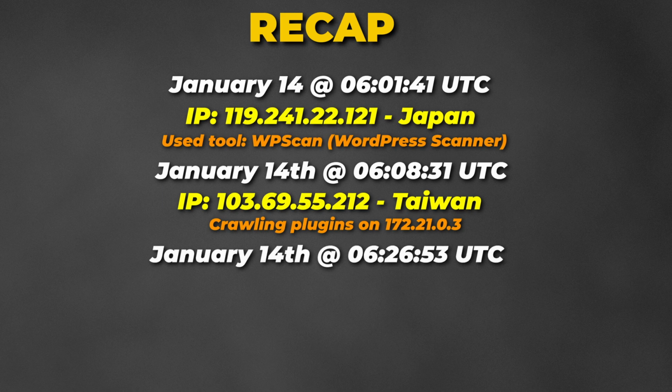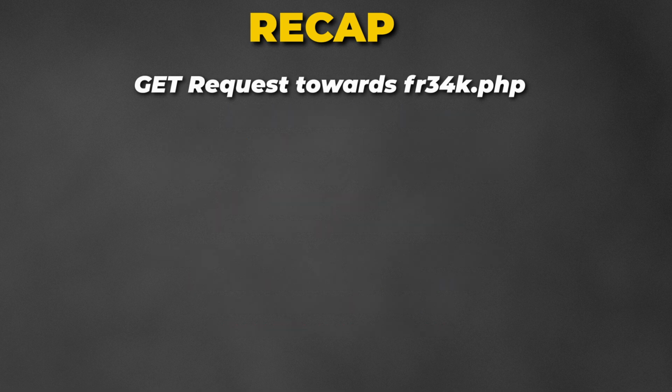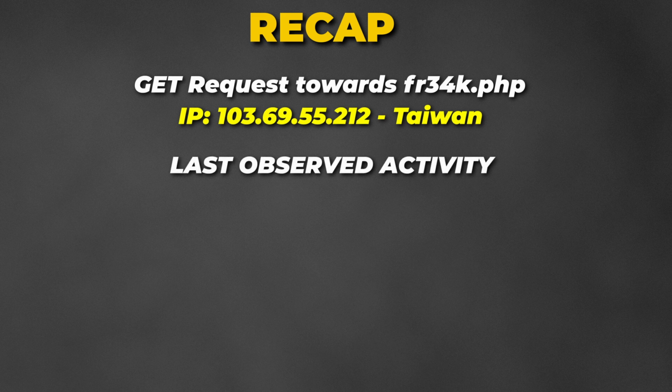At 6:26:53, the IP address of 119.241.22.121 was seen exploiting the vulnerable plugin Simple File List by uploading a file named freak.png, which would automatically be renamed to freak.php. A couple seconds later, the PHP file freak.php was requested by the IP address of 103.69.55.212.